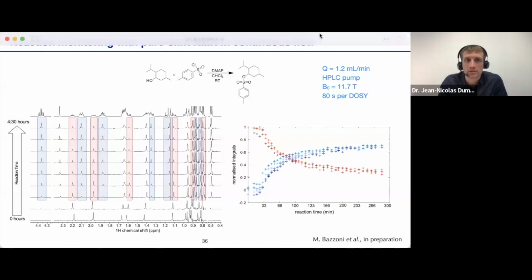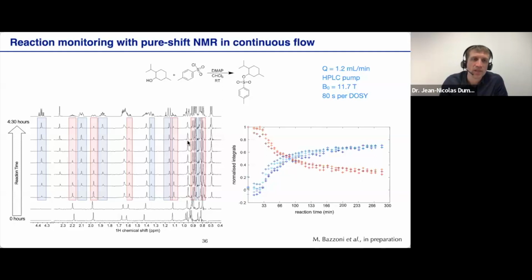This is the work of Margherita Bazzani, who's a postdoc in the team, and who has implemented these methods and shown that in this tosylation reaction, one can accurately track the volume of the different peaks and have many more of them that are resolved in the pure shift case than in the proton 1D data. So also in this case, we think that that should be useful for reaction monitoring applications.